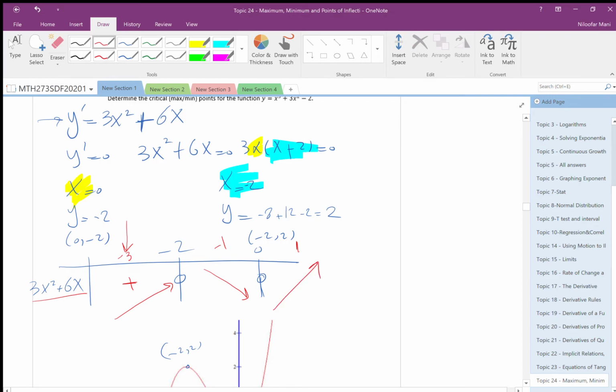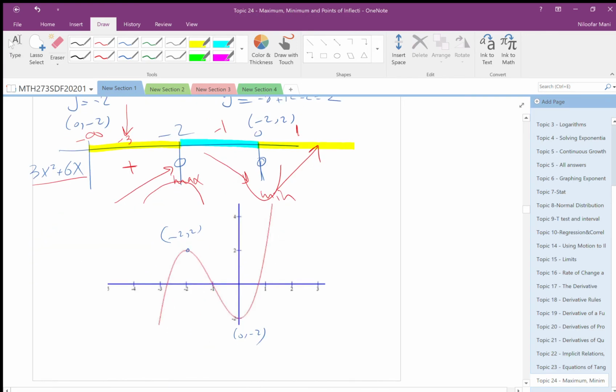So it's going up and coming down, coming down and going up. So I have maximum and I have minimum. Also, I can say from minus infinity to minus 2 is increasing. From 0 to infinity is increasing as well.